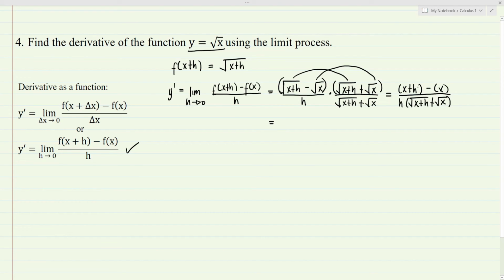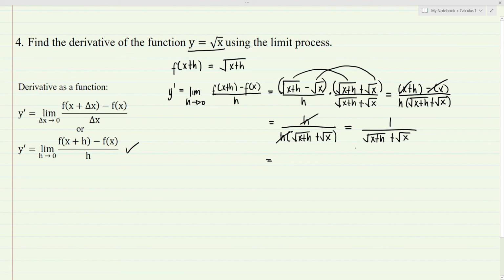I can simplify this one. I can cancel out x and negative x. I'll be left with h divided by h times square root of x plus h plus square root of x. This one cancels out. So its simplified form would be 1 over square root of x plus h plus square root of x.